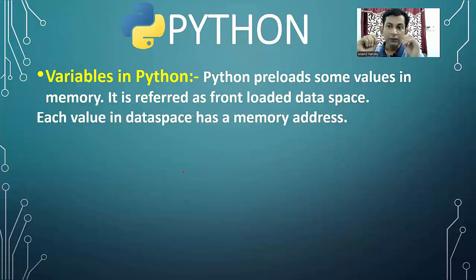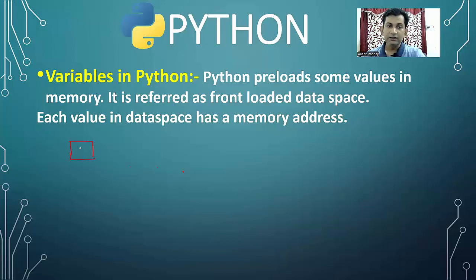Again, I'm repeating: Python automatically uploads some values into the memory, and each value has one memory address. Let me show you how it is. As I told, Python uploads some values in the memory already.